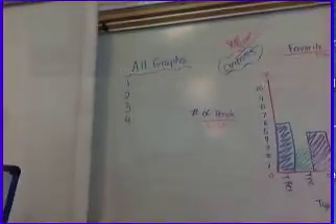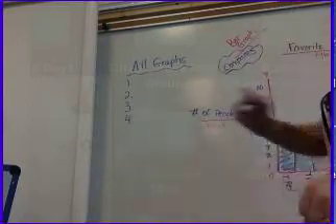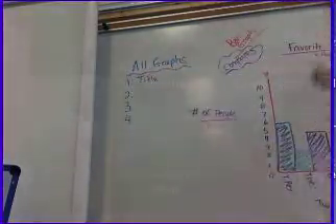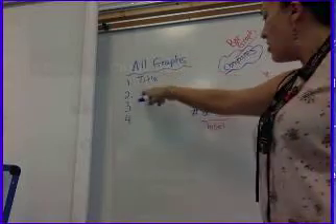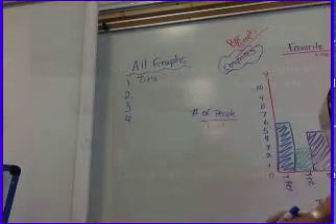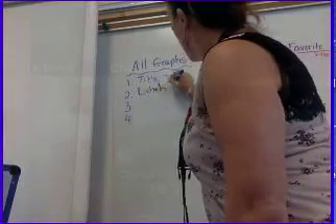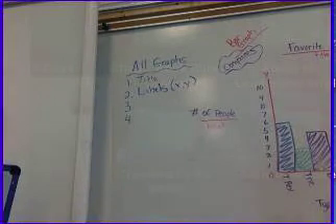So the last thing that I want you to know is what things you need on your graphs. That's the last part of this. All graphs require a title. So I had a title on both the bar graph and the line graph. All graphs require labels on the X and Y. Labels, X, Y. Okay?